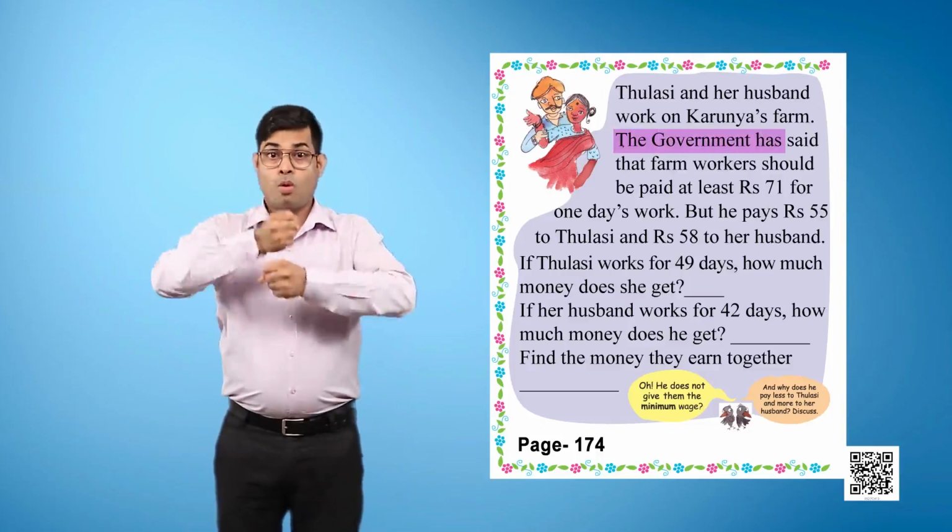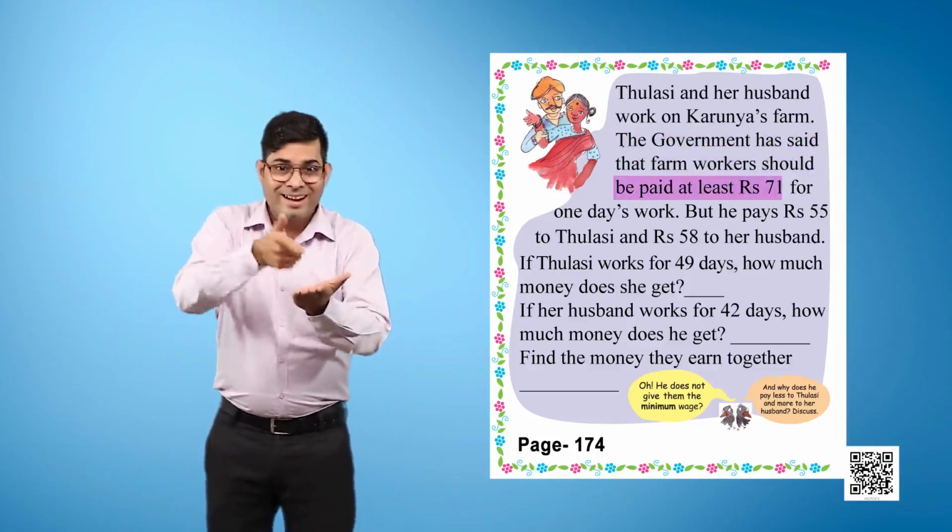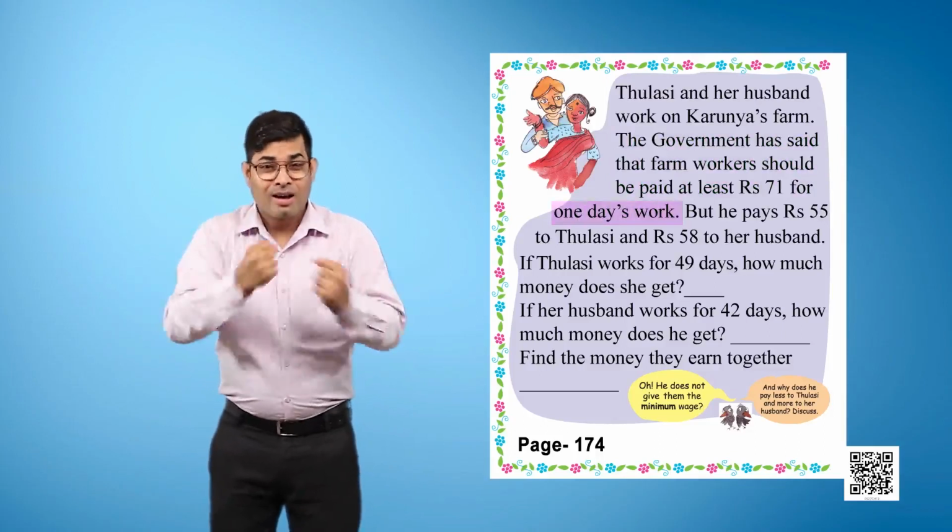The government has said that farm workers should be paid at least rupees 71 for one day's work.